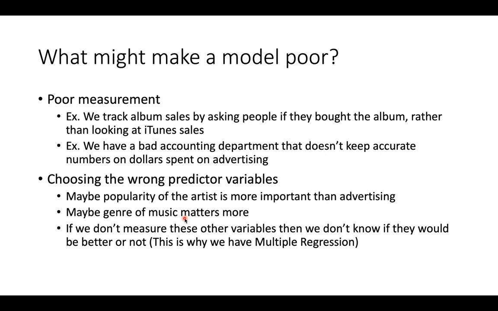And so this is one of the reasons why, as we'll see in our next section, we have multiple regression, where I could include advertising dollars, artist popularity, social media presence, and maybe something about the genre of the music, all into a single model that will create a single line, which would presumably be a better predictor because it's using more information to make that prediction. But again, that's going to be for later.